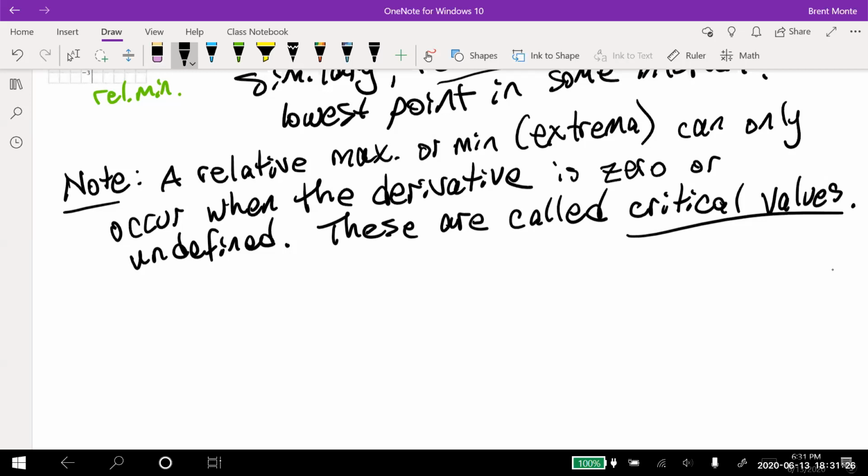So a critical value, every derivative is 0 or undefined. If the derivative is 0 or undefined, we call those critical values. And those are important because, again, those are the only place that you can have a relative extreme point, a relative maximum, or a relative minimum.